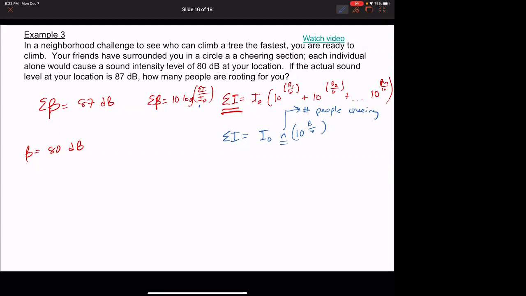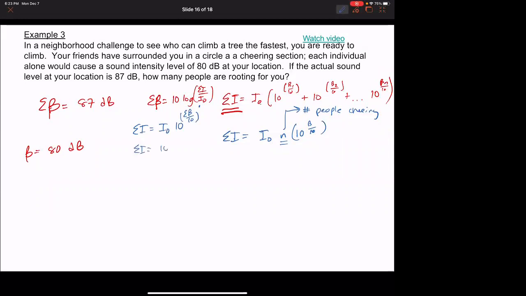So the first thing we want to do is figure out the sum of the I's. Or, foot fell asleep. To get the sum of the I's, we are going to manipulate this equation here, the sum of the beta equation. So we know that the sum of the I's equals I naught times 10 to the sum of the betas over 10.